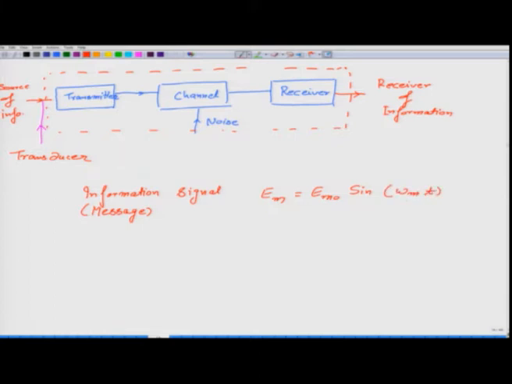Omega m is the angular frequency of the message signal. This is the amplitude part.